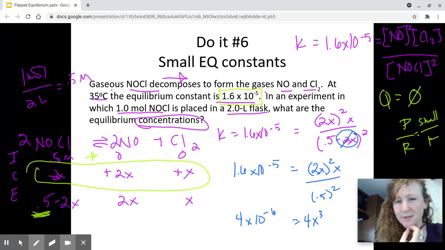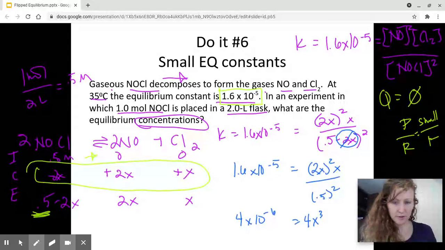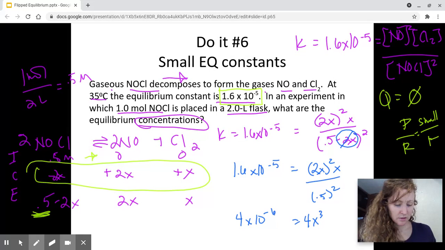Now that's true unless my unreliable calculator just rounded it off. Let me pull up a scientific calculator and do that again to make sure it didn't just round off. It didn't. Looks right. Okay. Divided by 4.